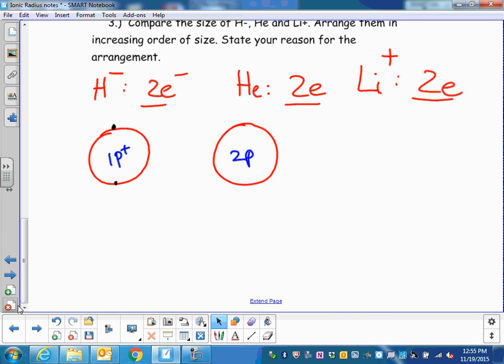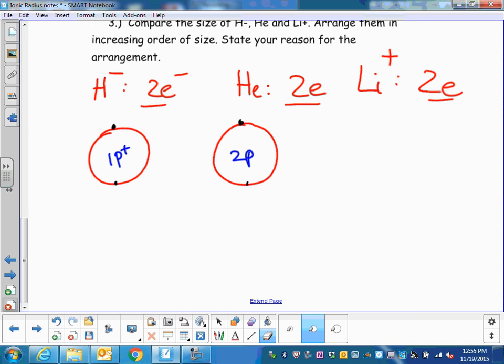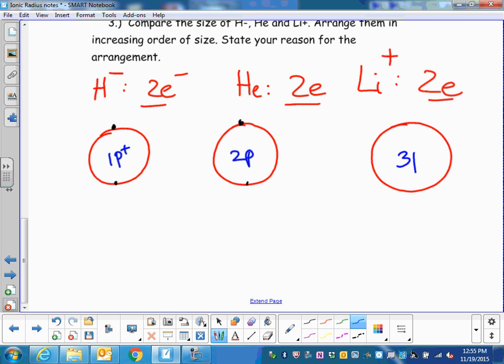How many electrons is it attracting? 2. Let's look at lithium. Lithium, to begin with, had 2 rings. Is that right? But then it lost a ring. Yes or no? And therefore, it now has only 1 ring. And how many protons does it have? 3 protons. How many electrons does it have?